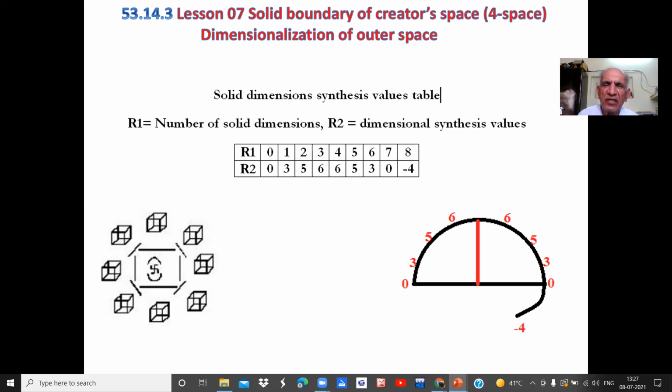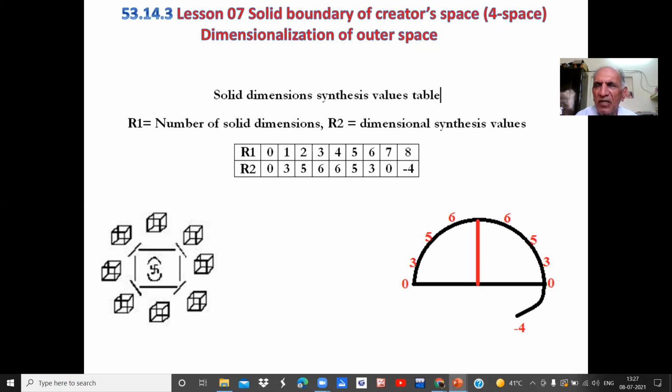The table on the computer screen, row 1, is indicating the number of solid dimensions, and row 2 tabulates the value of the respective solid dimension. 0 number of solid dimensions gives value 0.